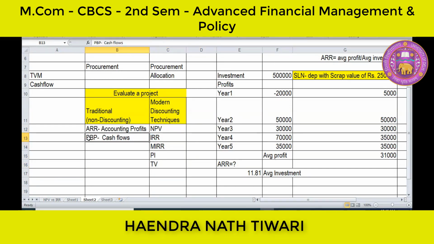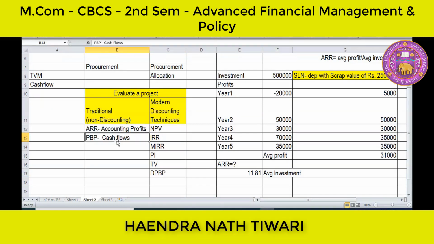Payback period is also based on cash flows, and these techniques are also based on cash flows. So largely there is no difference between payback period and these modern techniques, except the discounting of the cash flows. We can also calculate payback period with discounted cash flows, and that is known as DPBP, discounted payback period.